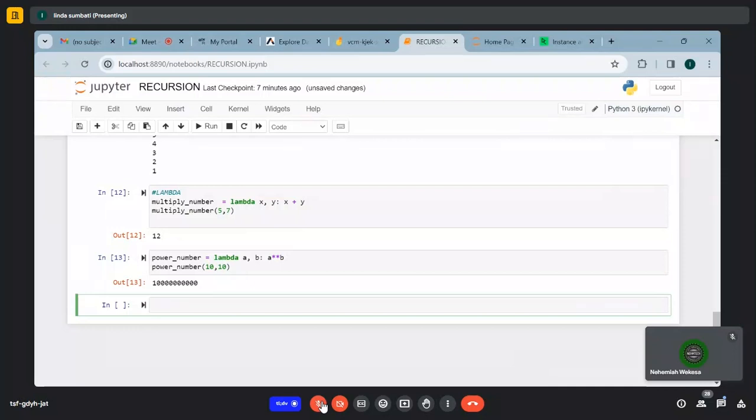So basically, if somebody asks you about a lambda function, you can just say the lambda keyword is always used to create an anonymous function that can be assigned to a variable. So after you've written your variable and then you introduce the function lambda, you should pass in your arguments.